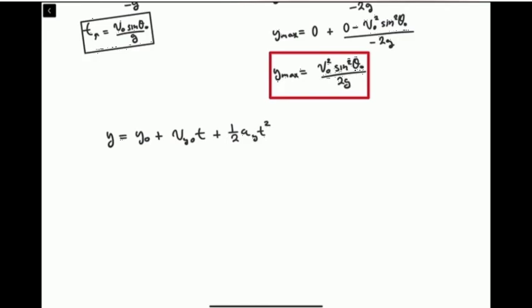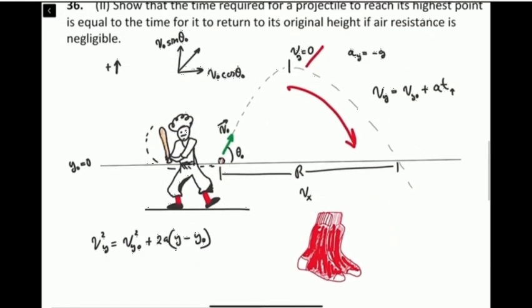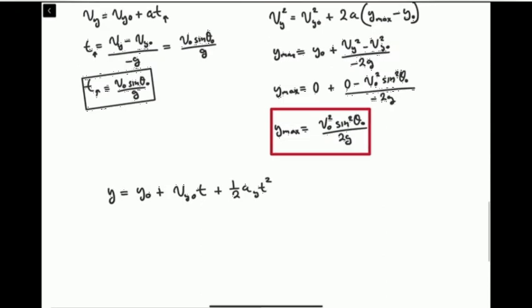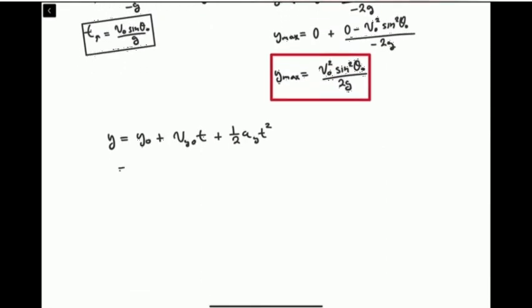We know that the final height is going to equal 0 because we're starting from a height here and we're going to this height, which is 0. We're starting from a height of v naught squared sine squared theta naught over 2 times g, plus the initial velocity at that point at the peak is going to equal 0.